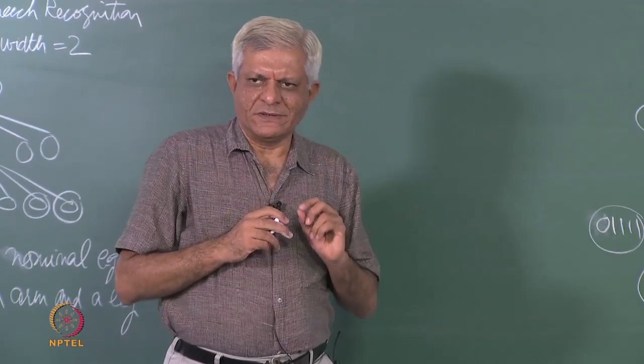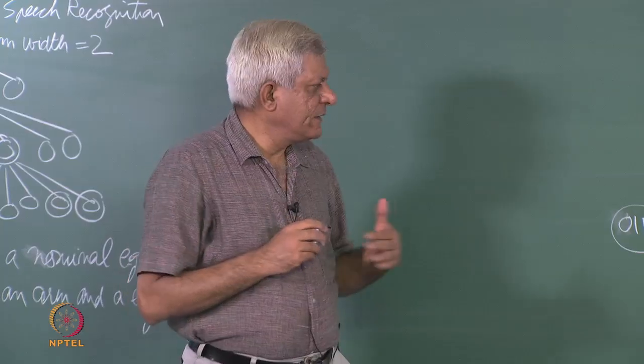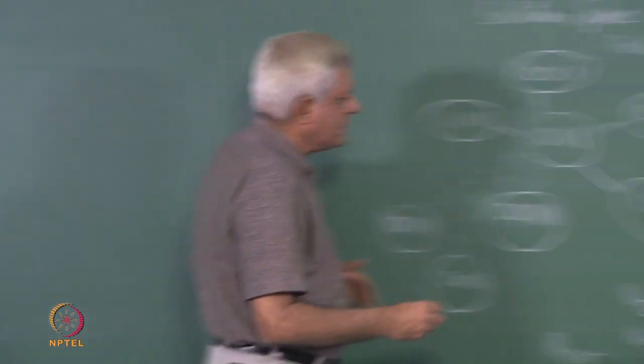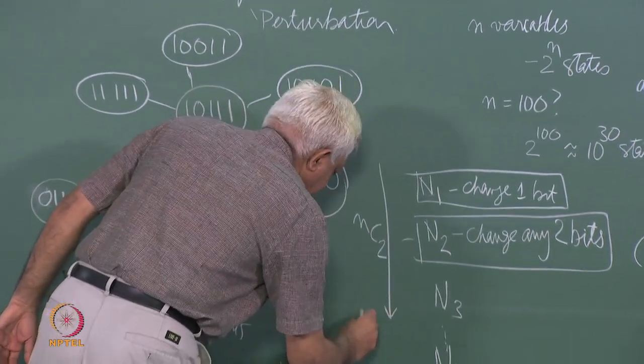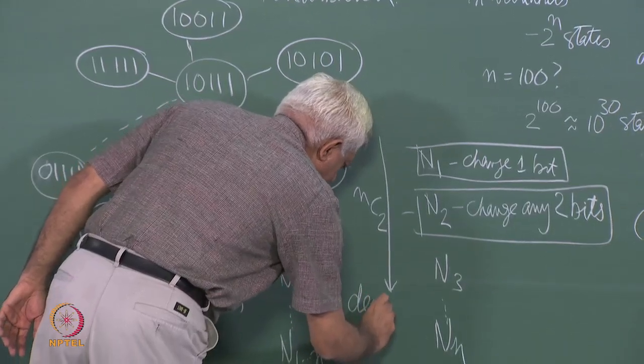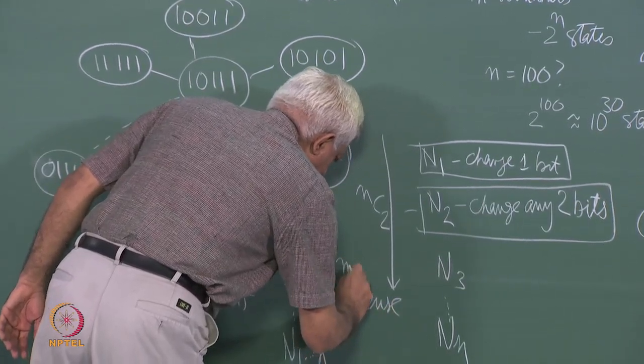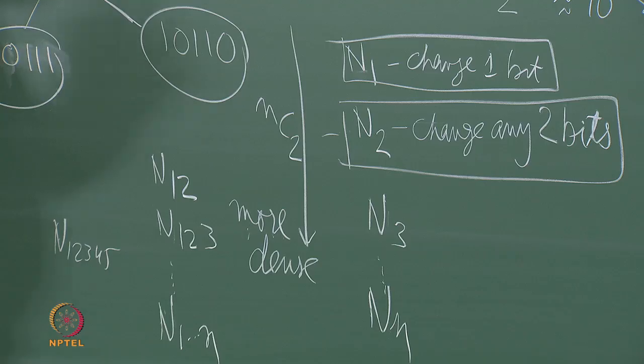The first thing I want you to observe is that if you go down this path, they are more dense. The neighborhood is more dense as you go down this set of neighborhood functions.